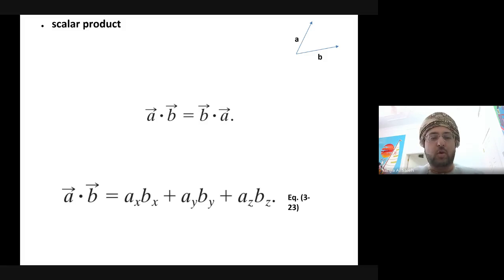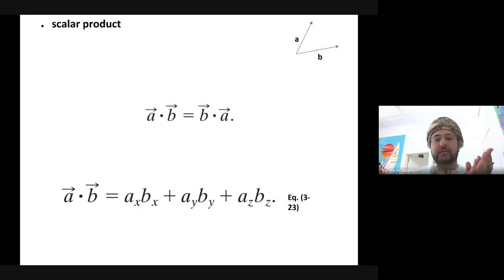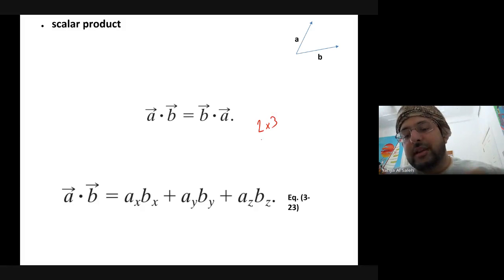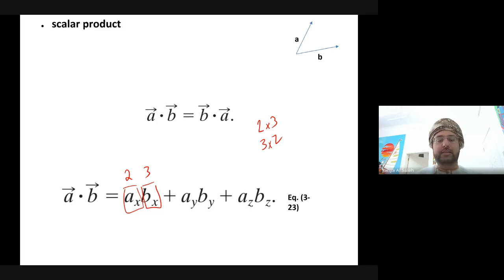What if I did b dot a? I'll get bxax, byay, bzaz. But since these are only numbers, it doesn't matter if I do 2 times 3 or 3 times 2. The result stays 6. So a dot b is equal to b dot a. So far, so good?